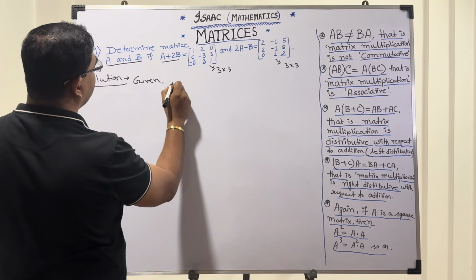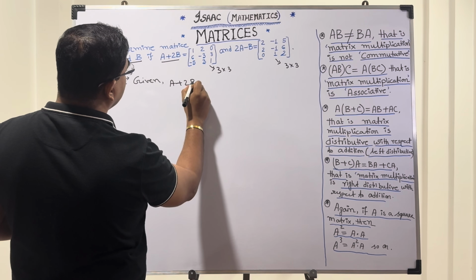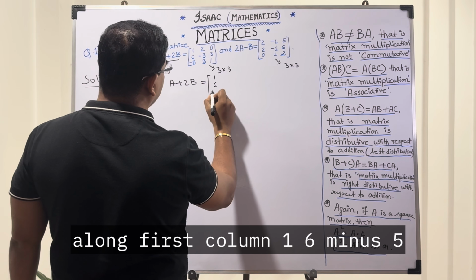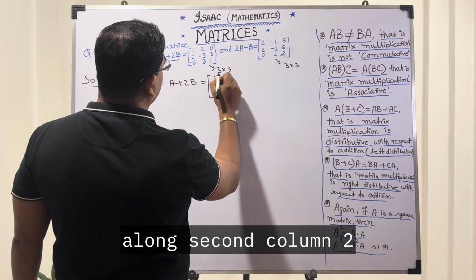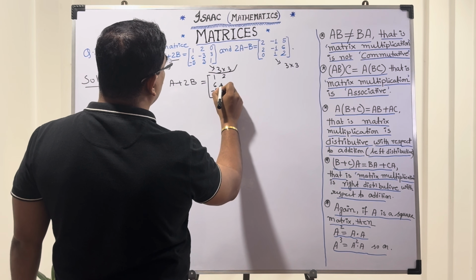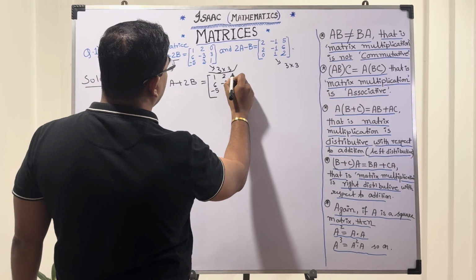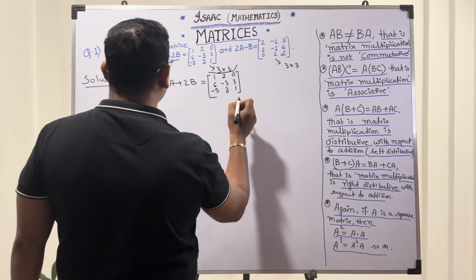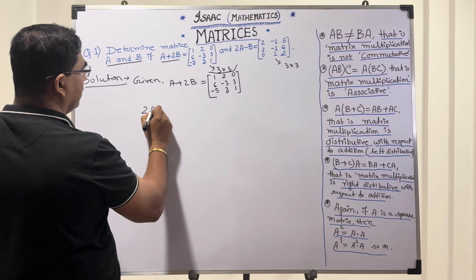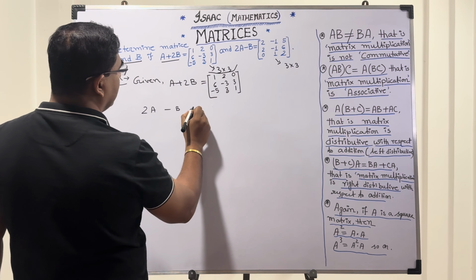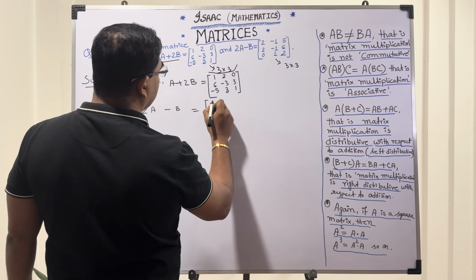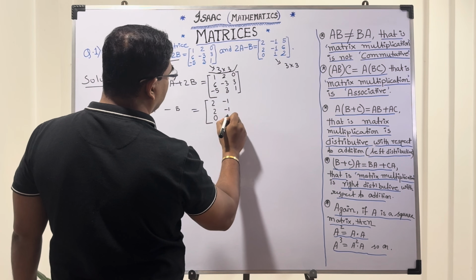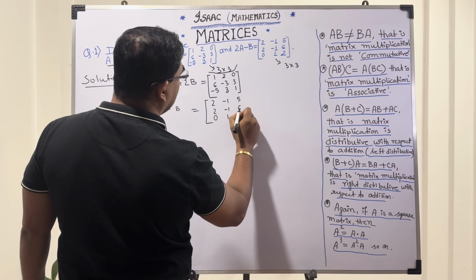Given A + 2B is equal to, along the first column 1, 6, -5, along the second column 2, -3, 3, along the third column 0, 3, 1, and 2A - B is equal to, along the first column 2, 2, 0, along the second column -1, 1, along the third column 5, 6, 2.